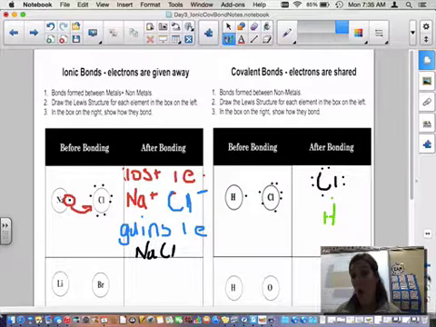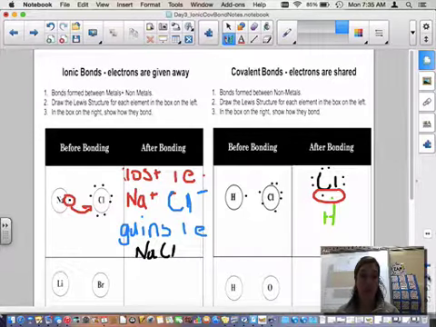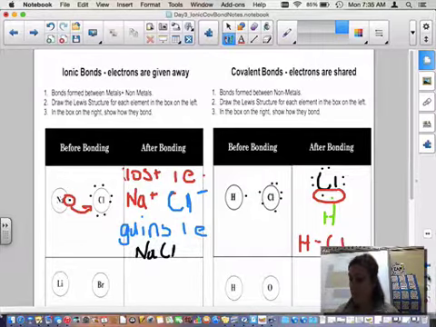The 1 open space that chlorine has, I put the 1 electron that hydrogen had. So they are showing a share. They are going to share that pair of electrons, which is going to make a single bond because they have 1 shared pair. So I would write this compound HCl.